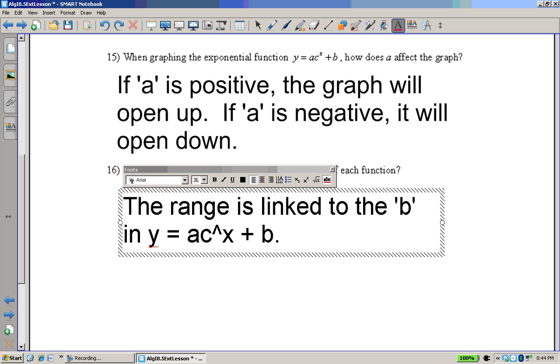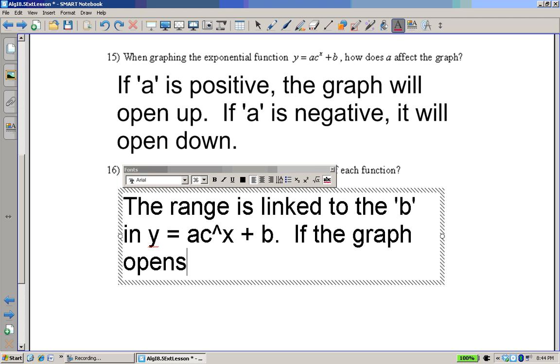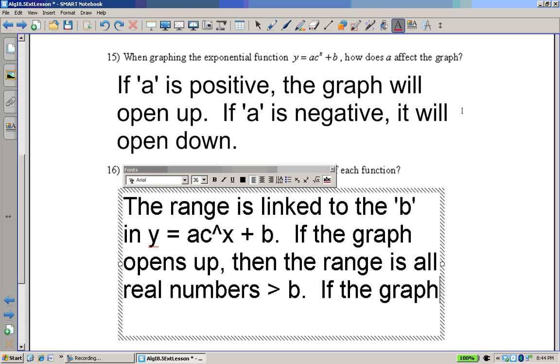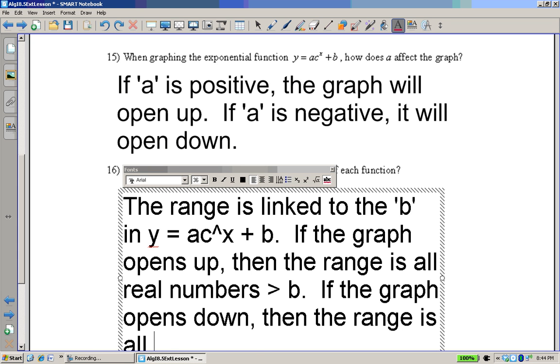If the graph opens up, then the range is all real numbers greater than b. If the graph opens down, then the range is all real numbers less than b.